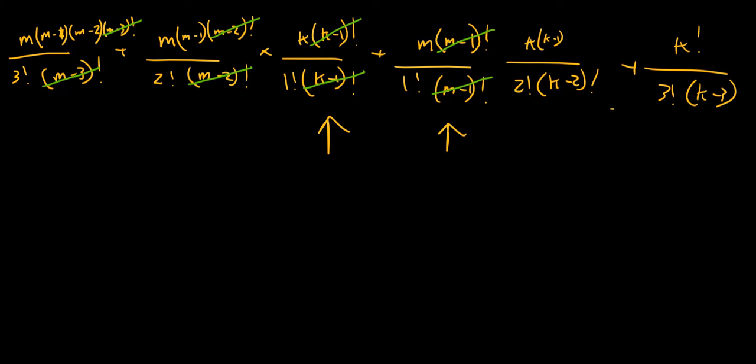K subtract 1, K subtract 2. That goes. Should be a factorial on the end here, and I hope you can see that the simplification here is going to be K subtract 1, K subtract 2, K subtract 3 factorial.